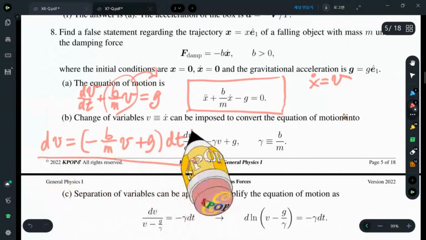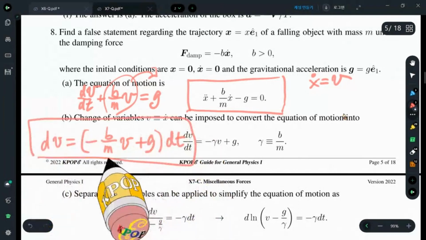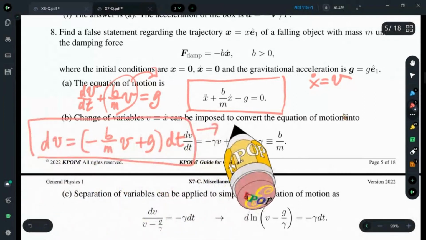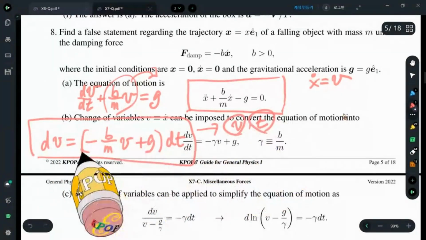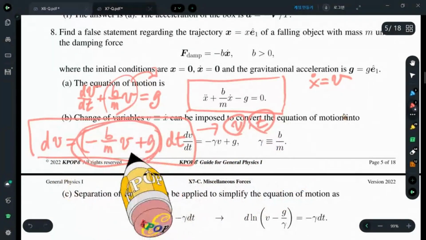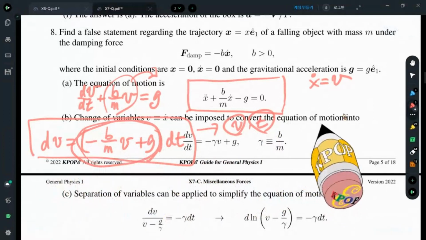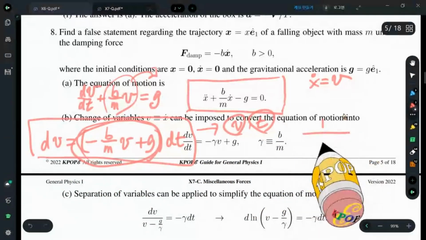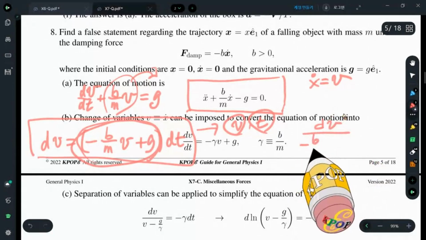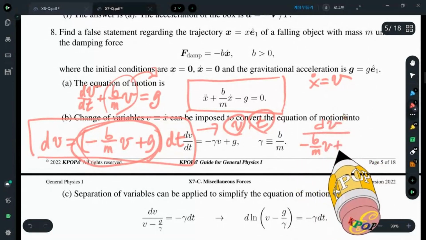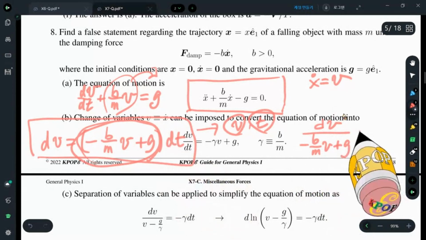And now there are variables v and t, but I can divide this factor on both sides. Then what you find is 1 dv over minus b over m v plus g, and the right hand side is time.